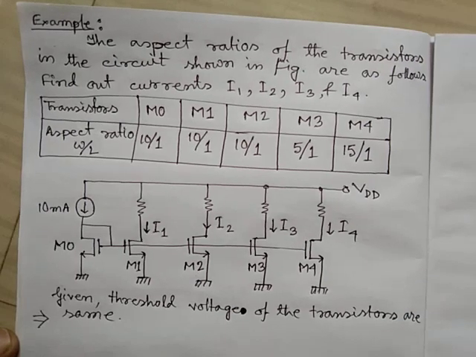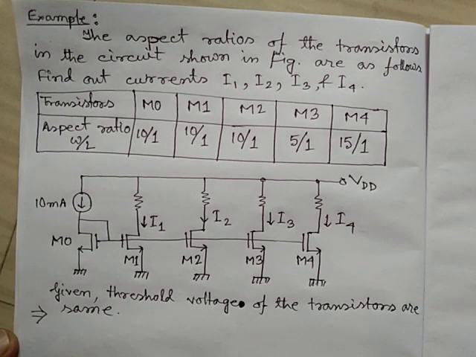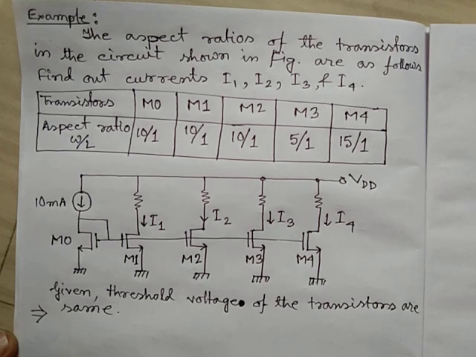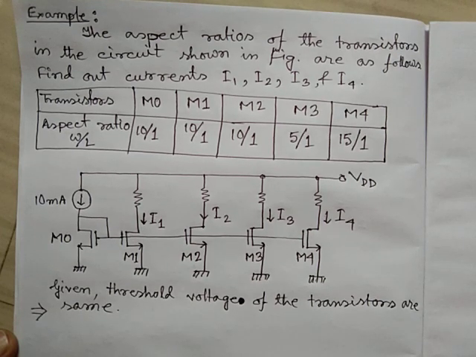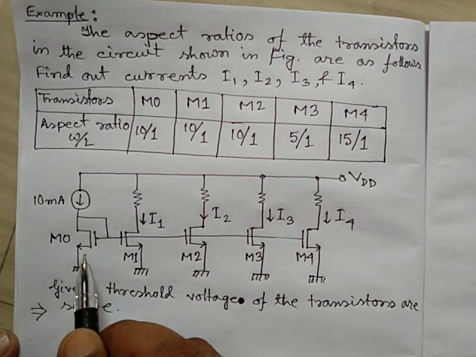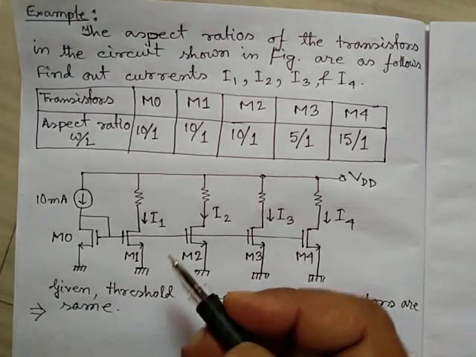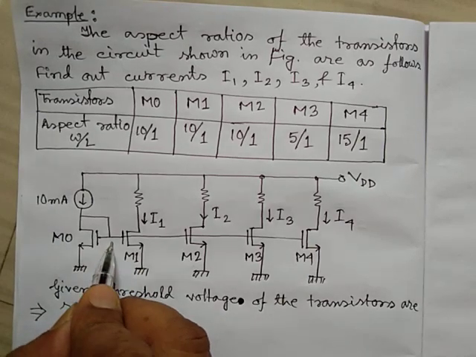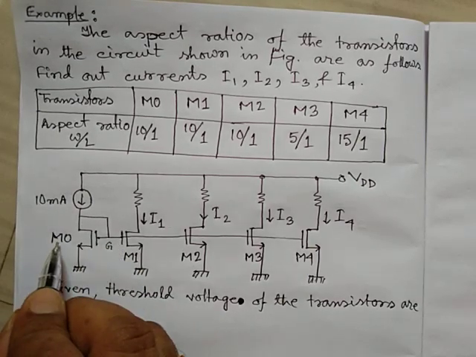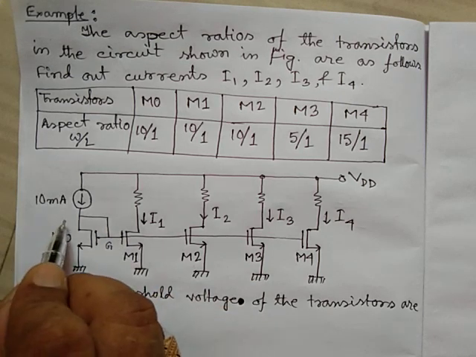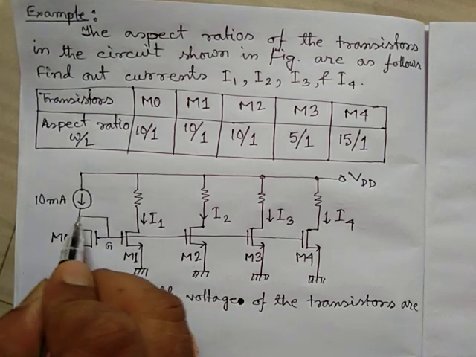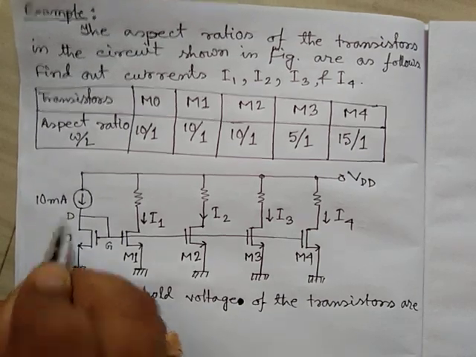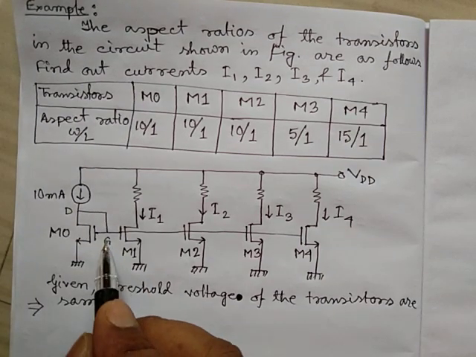Now, from our previous concept regarding the current mirror circuit, we can see that in this circuit, the gate terminal and the drain terminal of transistor M0 are connected.